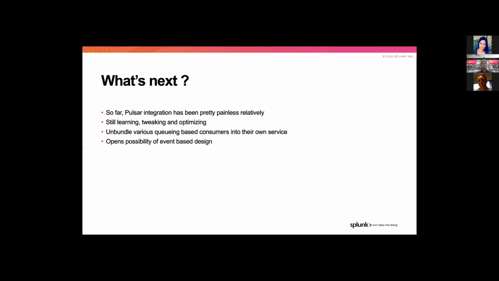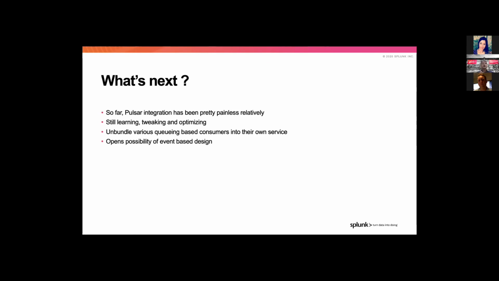For instance, there are several things we need to optimize. One example is in our key shared subscription: until every message is acknowledged, it's going to block receiving the remaining messages. And some of our actions are long running.